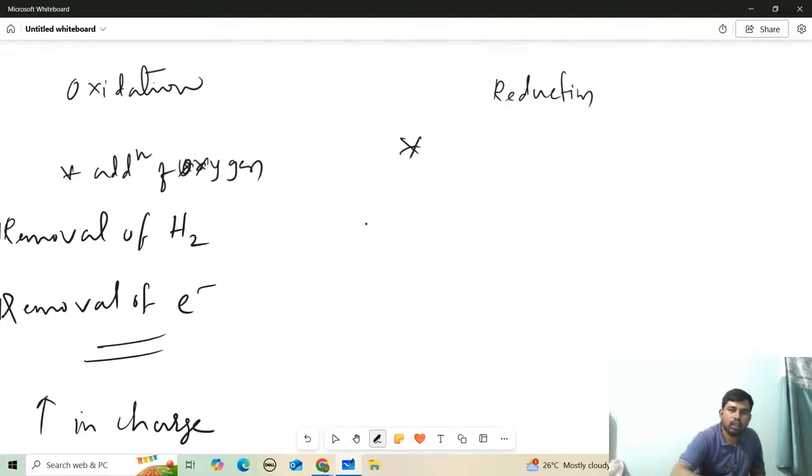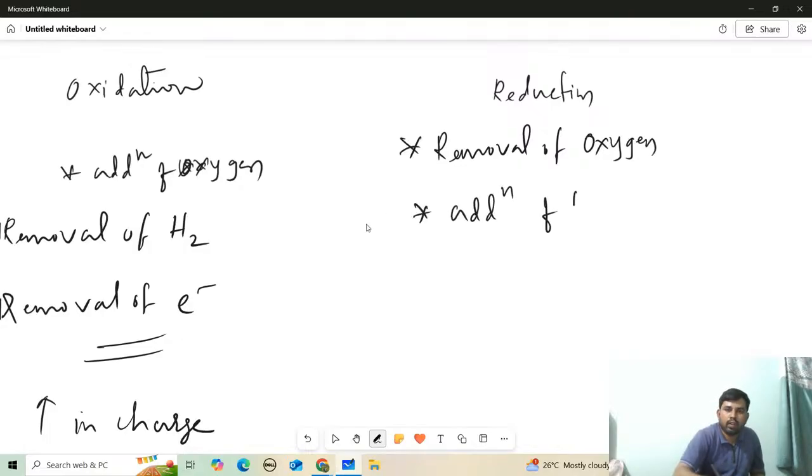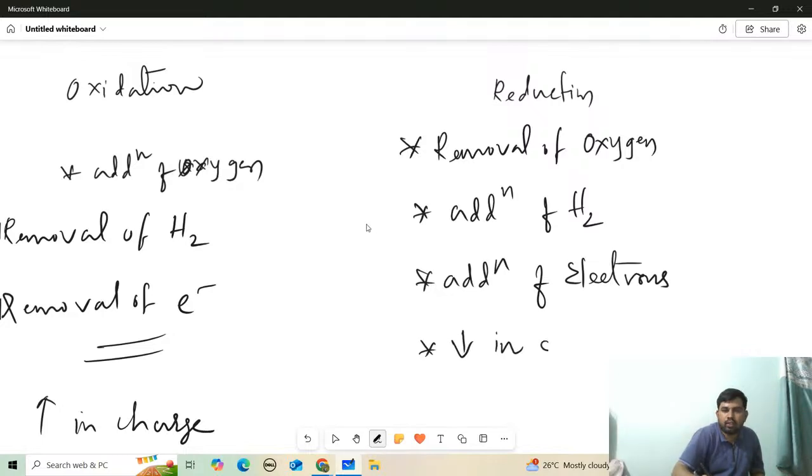Similarly, we can say removal of oxygen, addition of hydrogen, addition of electrons, or a decrease in charge is reduction.